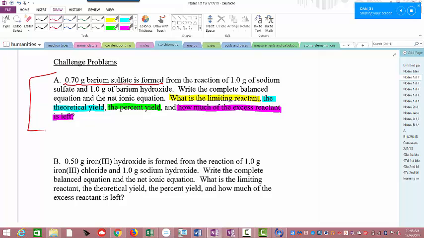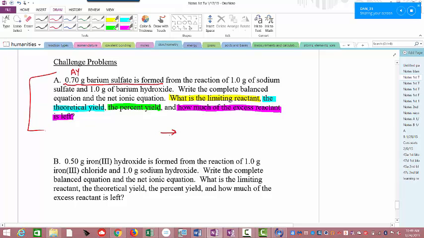Barium sulfate, which is a product. So that 0.70 grams is your, we just did it 30 seconds ago, say it, actual yield. So you already have that part for your percent yield. But it's a product, so it's going to go to the right of the arrow.